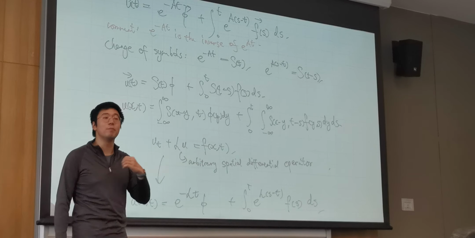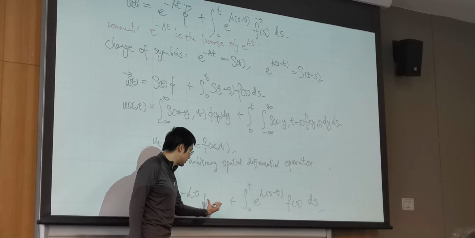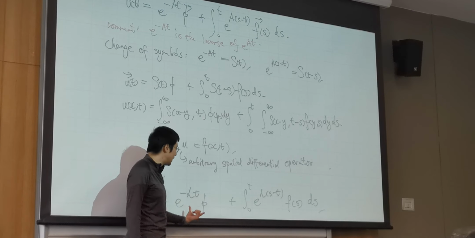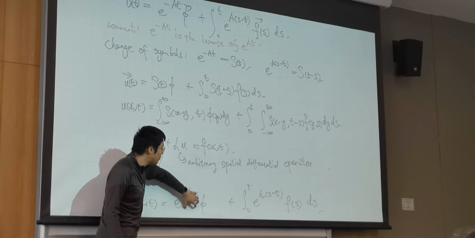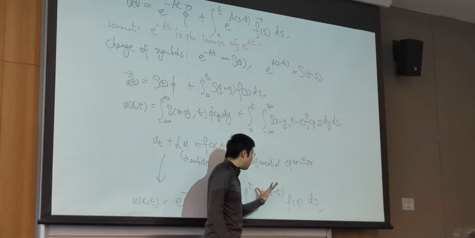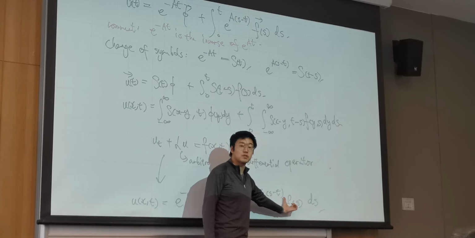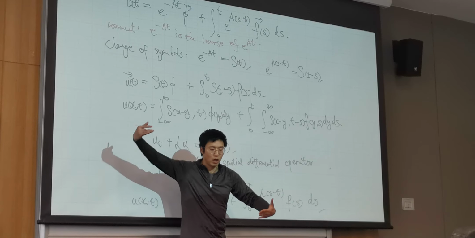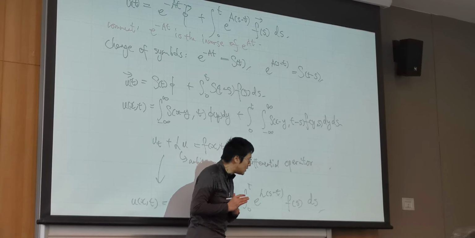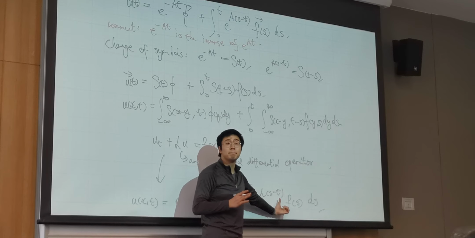We will always be expecting a two-part solution. One part of it is about the initial condition, and this is a mapping, always mapping the initial condition to a later time. And here is another mapping that is always mapping the source terms, which are accumulating in the system and keep evolving in the system over time.